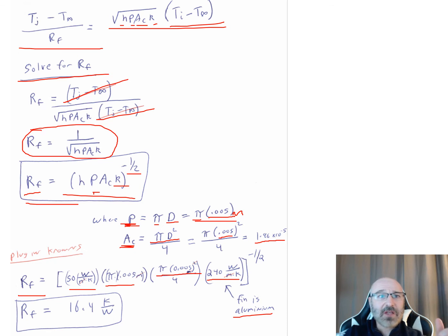I'm going to do some unit analysis. There are values that cancel out with the squared and the meters and everything else. So I can cancel out my units and double check to make sure it's correct. When I plug that all in, my units do come out correct. We have K per W, which I would expect for thermal resistance. And this is a value of 16.4. So now I have this value for my R sub F.